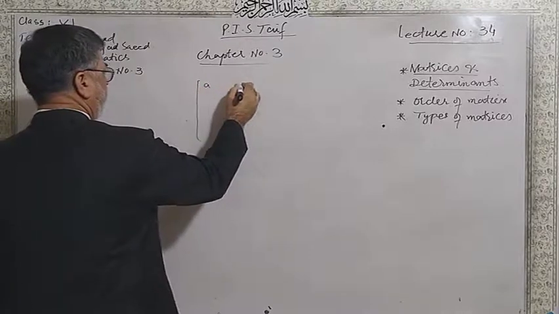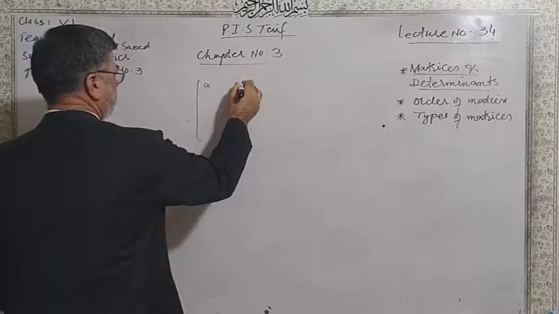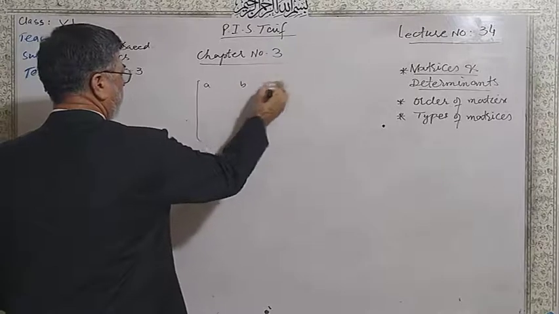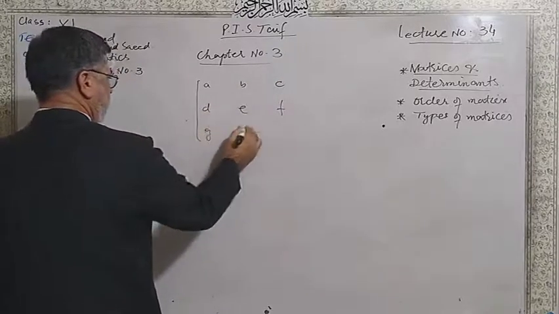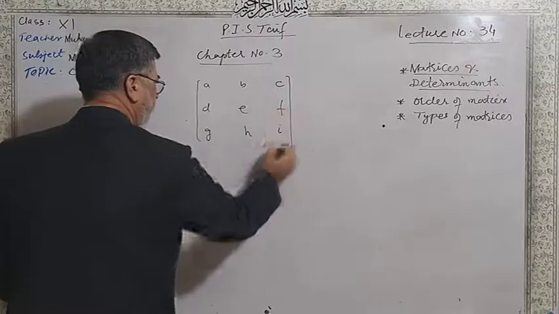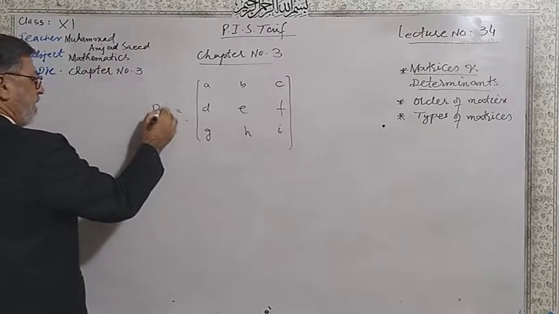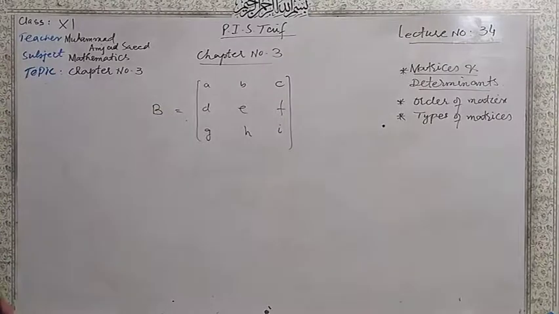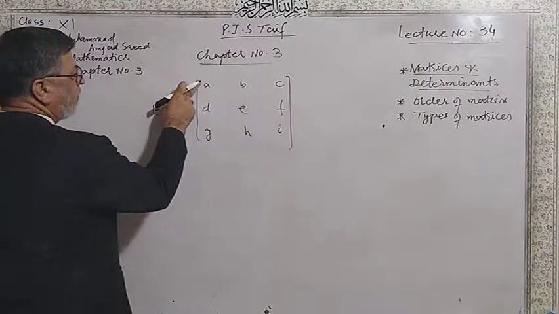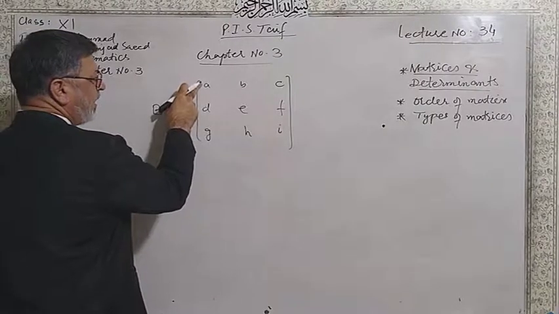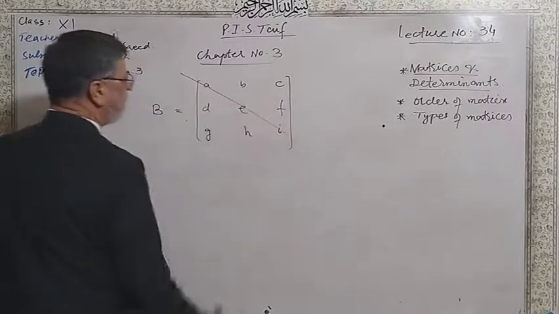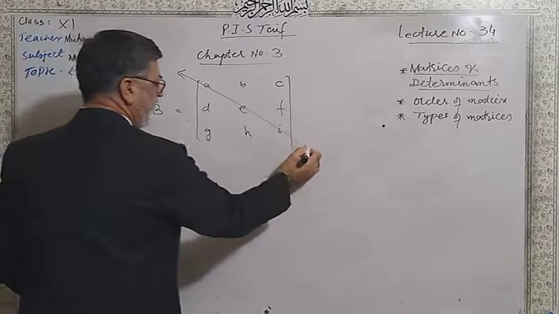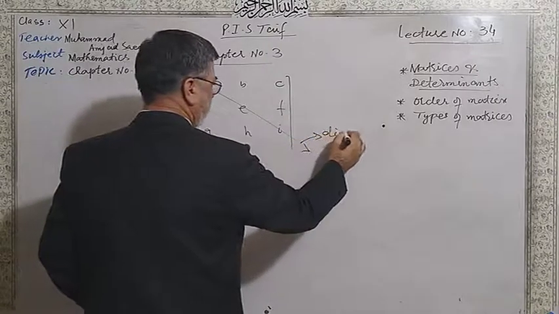Suppose we have A, B, C, D, E, and F, G, H, and I. Suppose its name is B. Dear students, the first row from the left end and the last row at the right end, this is known as diagonal.